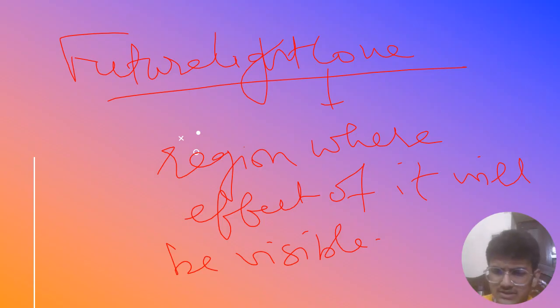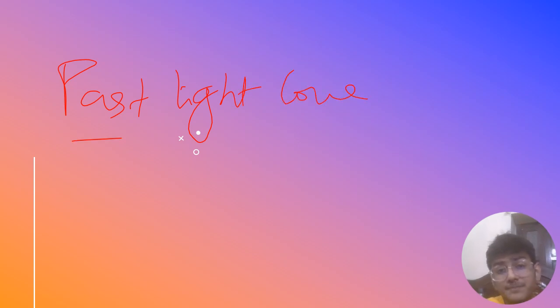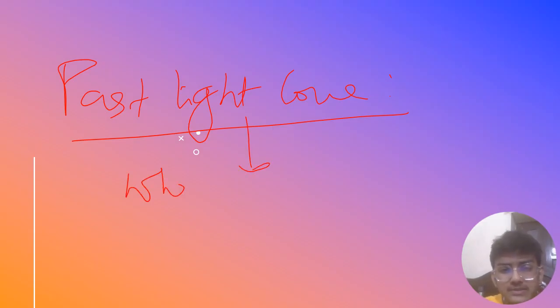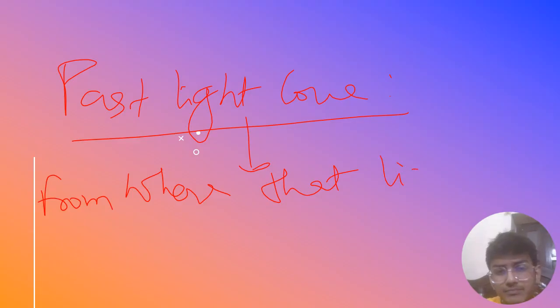The present light cone is its present situation, and talking about the past light cone, the past light cone is its origin, from where that light came. Its origin, its birth.